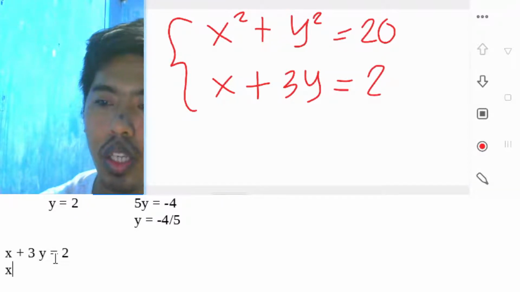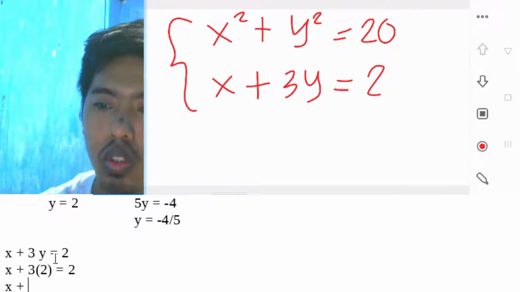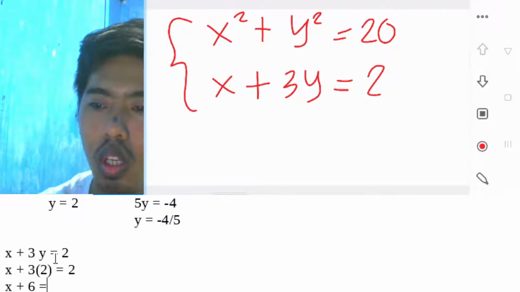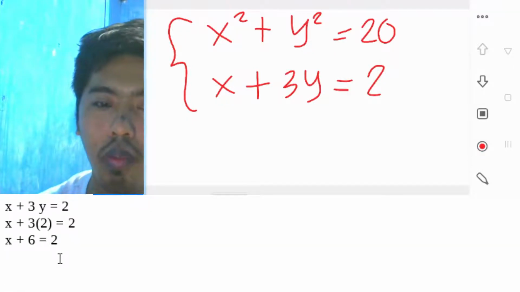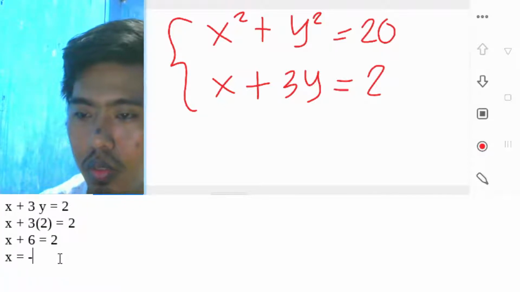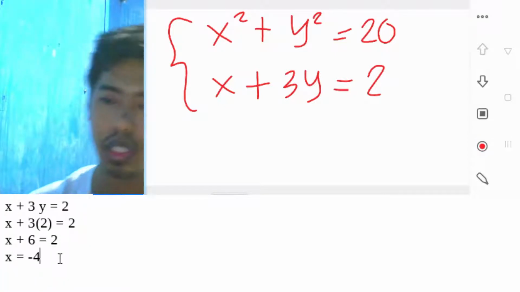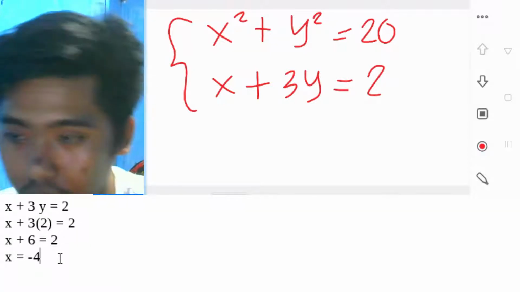So x plus 3 times 2 equal to 2, x plus 6 equal to 2. So meaning x equal to negative 4, right? Positive 6 goes to the other side as negative, so negative 4.